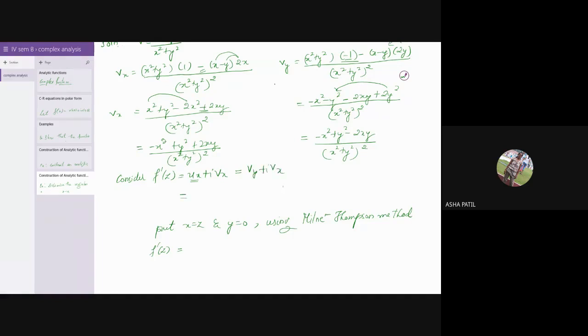Now let us write it. Vy means here it is minus x square plus y square minus 2xy divided by x square plus y square whole square, then plus i into Vx. Vx is minus x square plus y square plus 2xy divided by x square plus y square whole square. Is it right now? Okay.